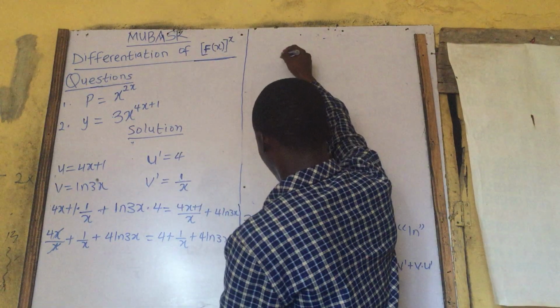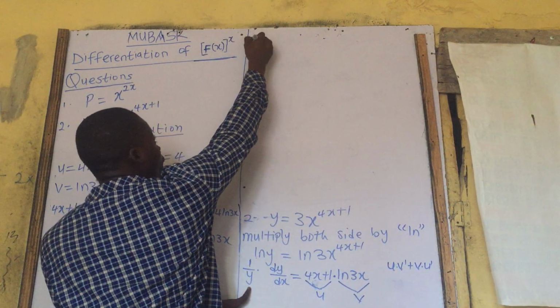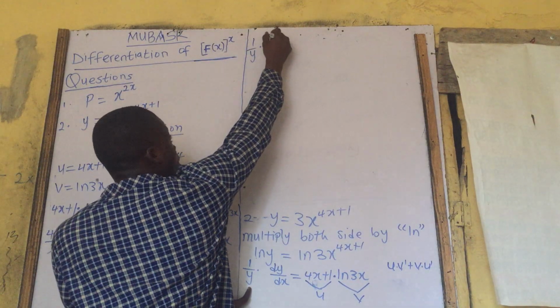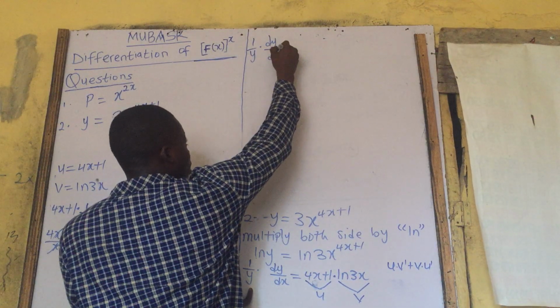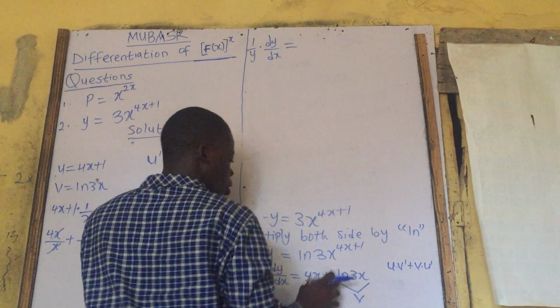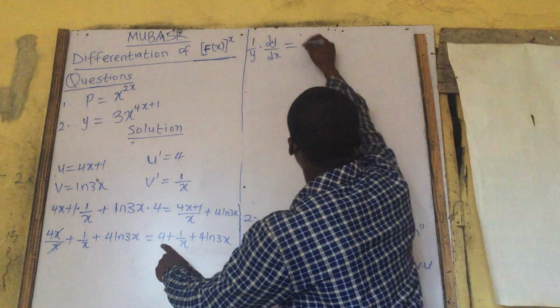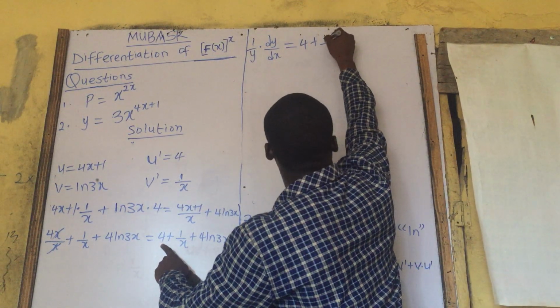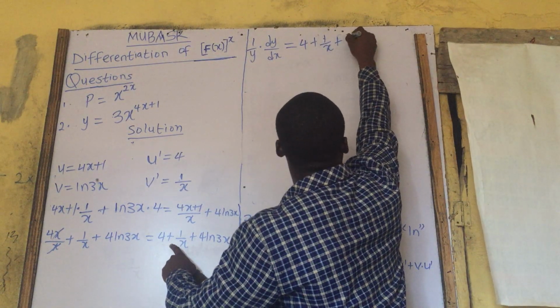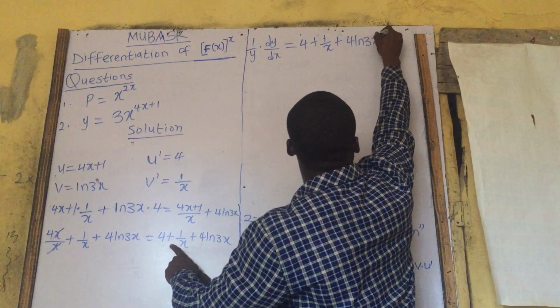So from the question, we got 1 over y multiplied by dy over dx, which is equal to what we got when we used the product rule: 4 plus 1 over x plus 4 multiplied by natural logarithm 3x.